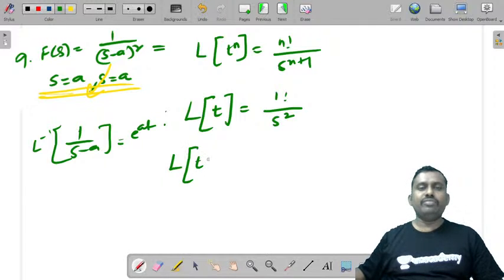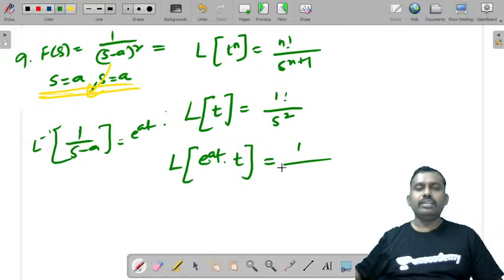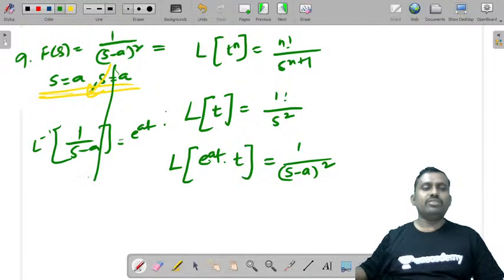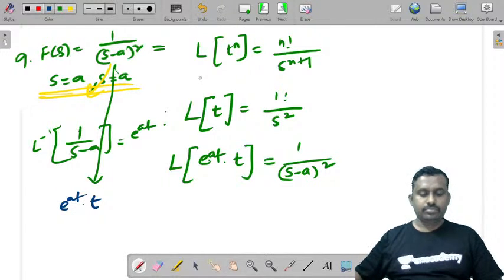So the Laplace of t into e power at: if you write the Laplace of e power at into t, what can you write it as? 1 by (s minus a) whole square. So the Laplace inverse of this will be e power at into t. Hope this is clear for you now.